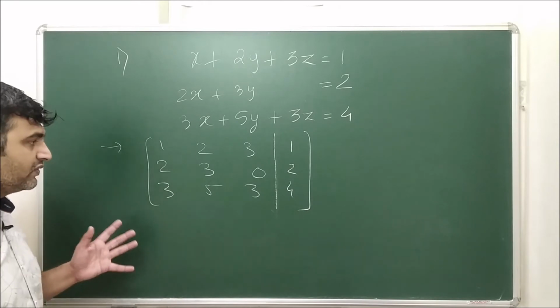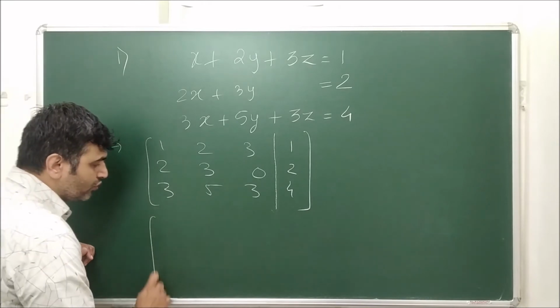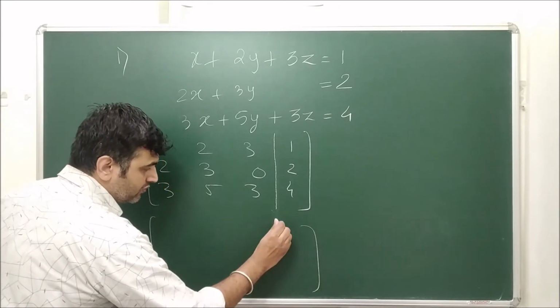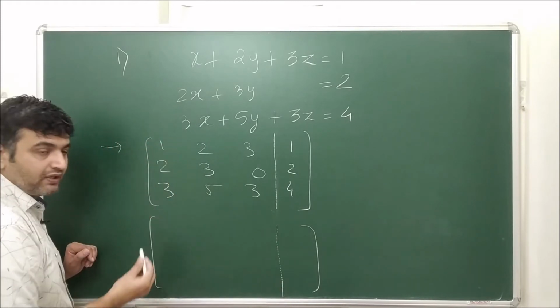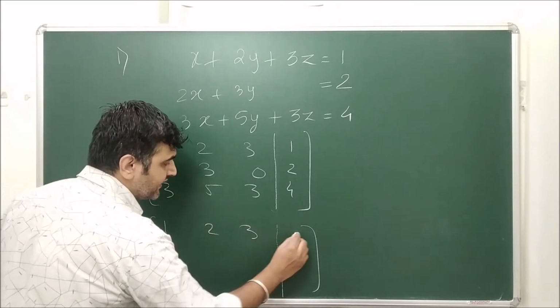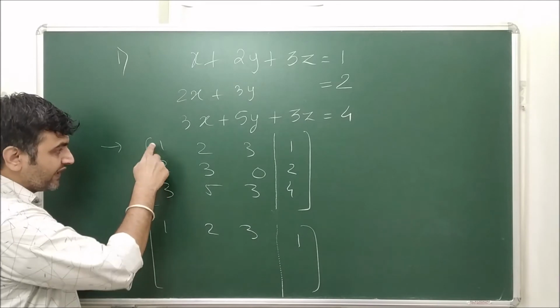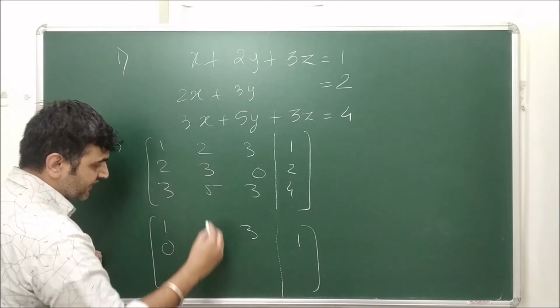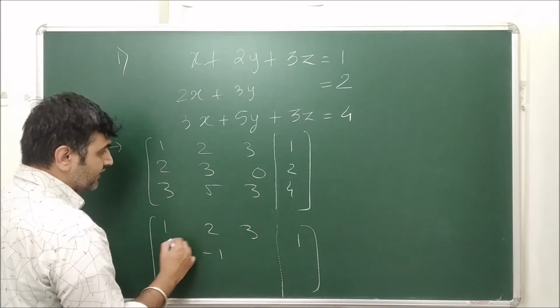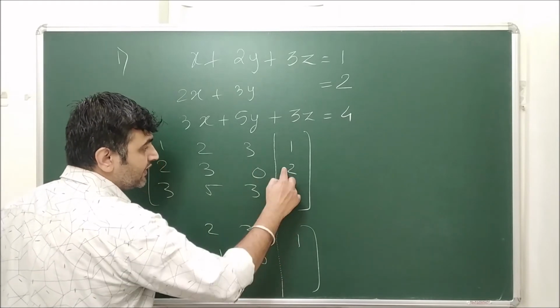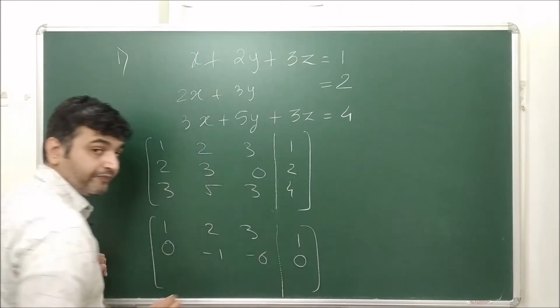Now you do your row operations. If I do R2 minus 2 R1, my first row is as it is. R2 minus 2 times R1 gives 0, 3 minus 4 is minus 1, 0 minus 6 is minus 6, 2 minus 2 is 0.